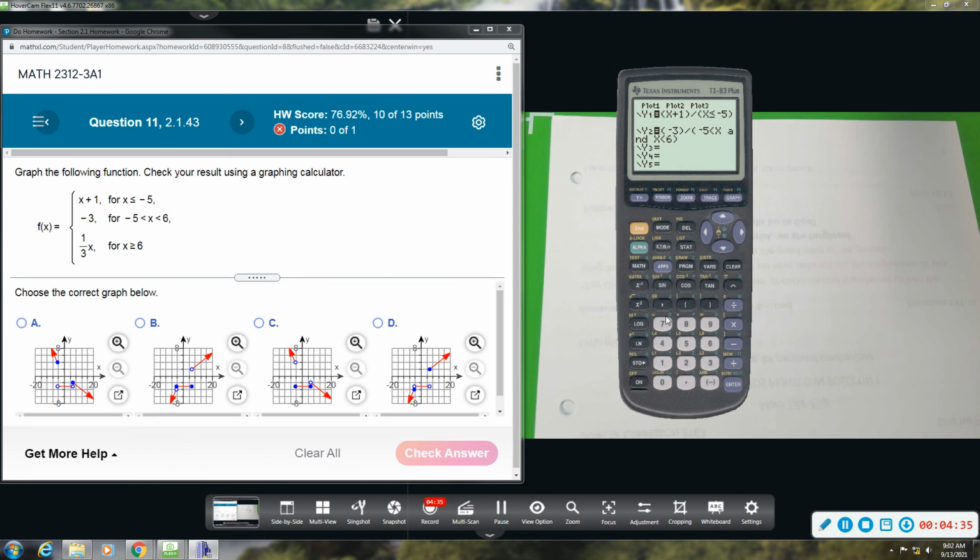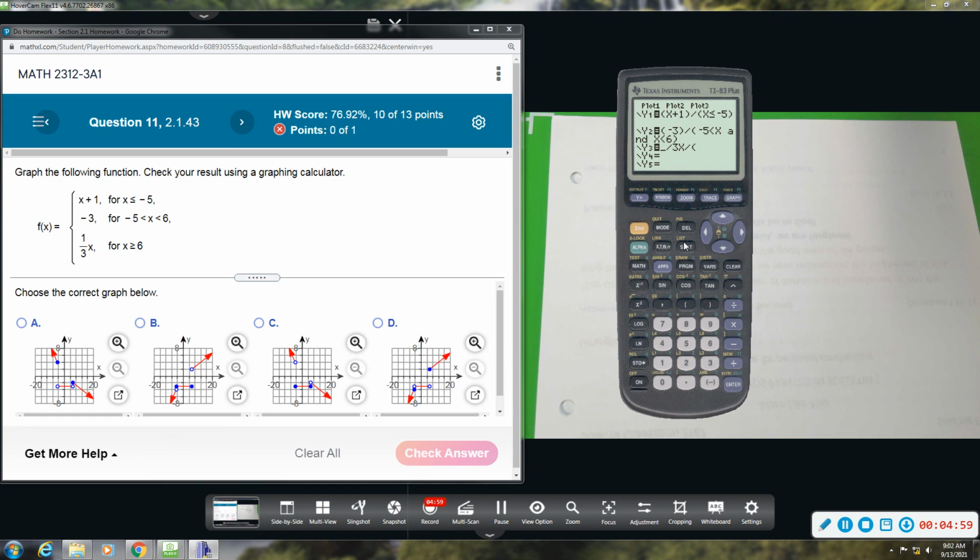we can do 1 divided by 3 x, and then divided by, and then I'm going to put this in parentheses. Now, I didn't put the first part in parentheses, but you definitely need to. It helps, let me just do it to stay consistent.